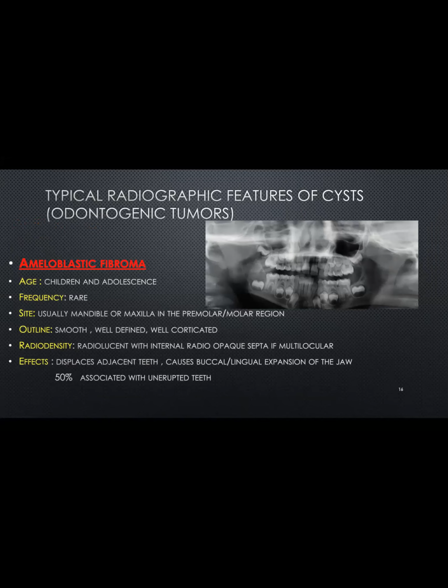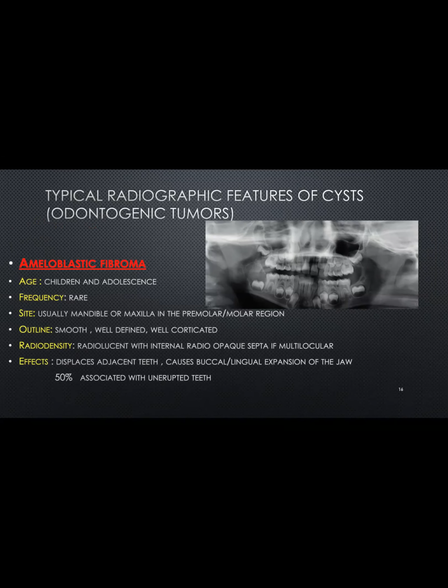Now, the ameloblastic fibroma is a rare benign tumor that originates from both odontogenic epithelium and connective tissue of the developing tooth germ. On the X-ray, they resemble ameloblastomas, but they tend to happen in a younger age group. So instead of peaking at 40 years old, this happens with children and adolescents. It's rare.